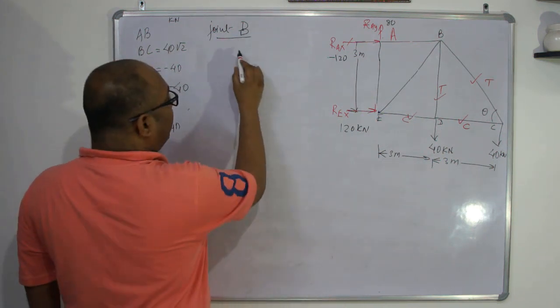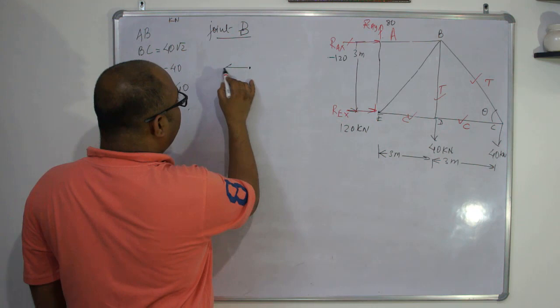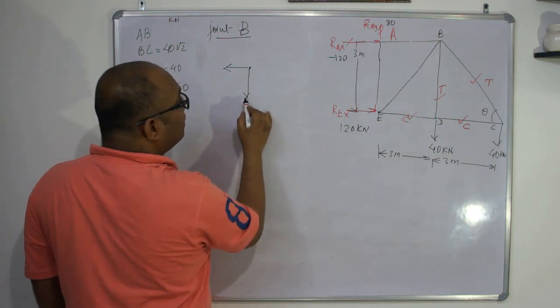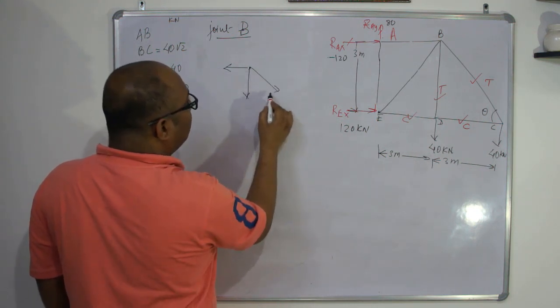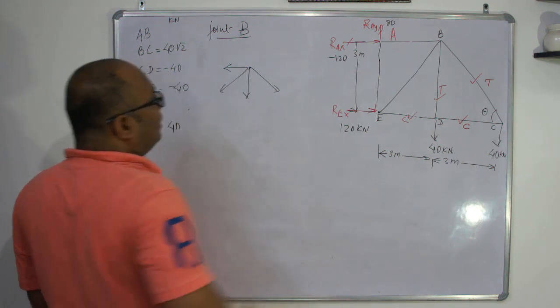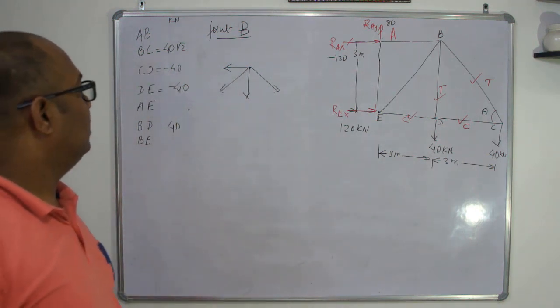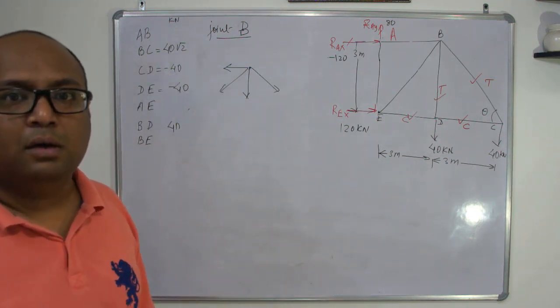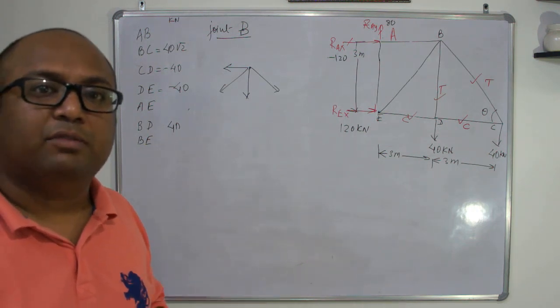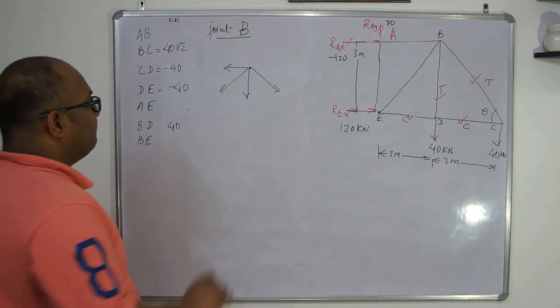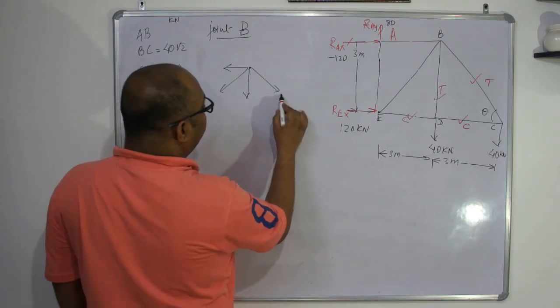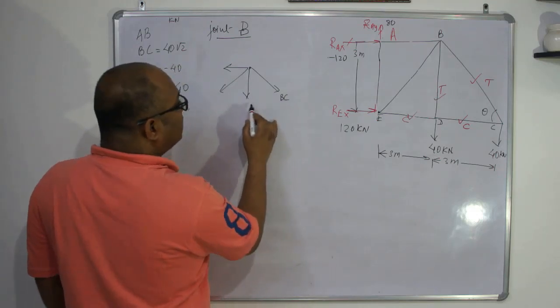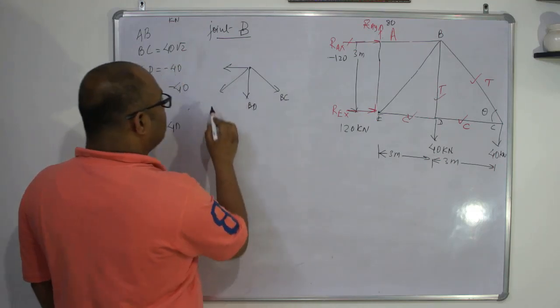If you draw the FBD of the pin at joint B, assuming all members in tension, this will be the free body diagram of the pin. This force is BC, which is known. This is BD, this is also known.